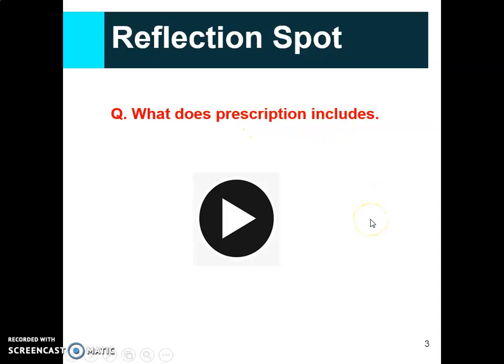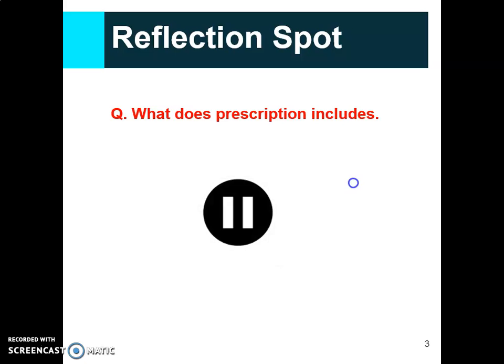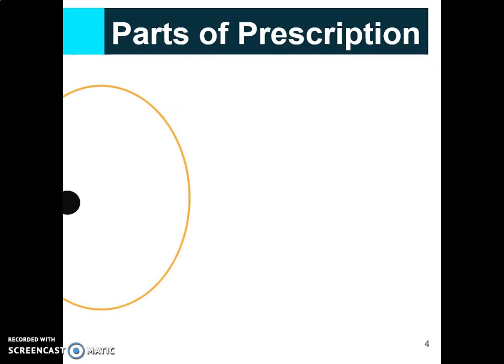Take a pause, think and write your answer. When you are finished writing your answer, then you can play the video. You might be seeing these parts of prescription. Now we will see which are the different parts of prescription.